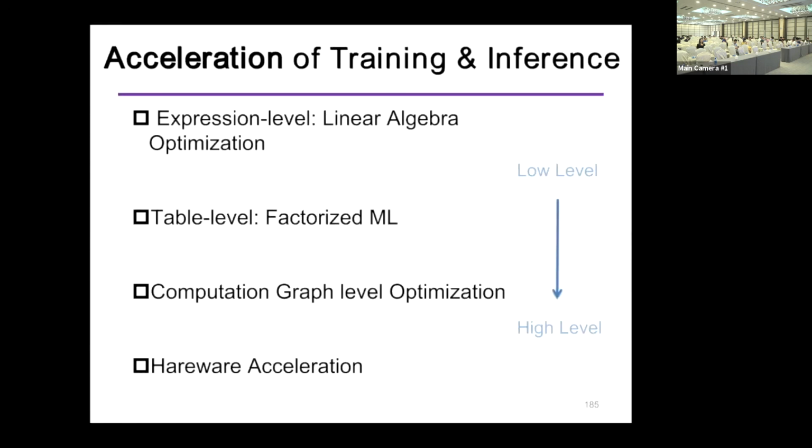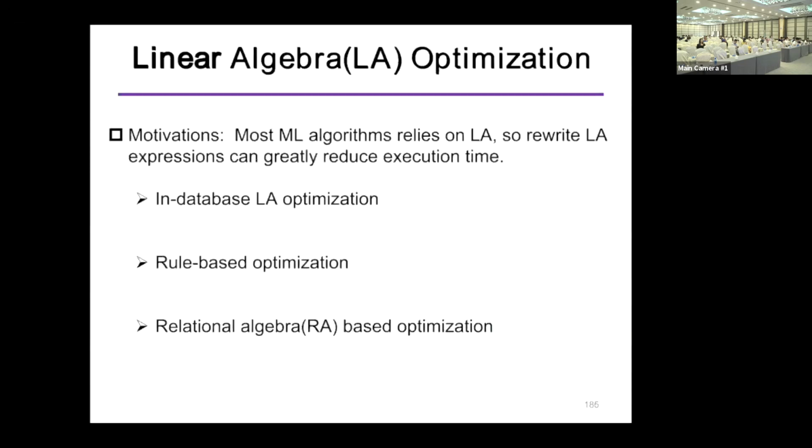The second one is the table level, called factorized ML. This is because machine learning algorithms always involve multiple tables, and they need to join, and join is always inefficient. The third one is the computation graph level optimization, which optimizes the computation graph in deep learning. And the last one is hardware acceleration.